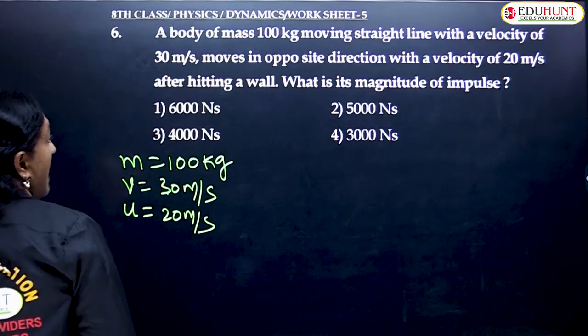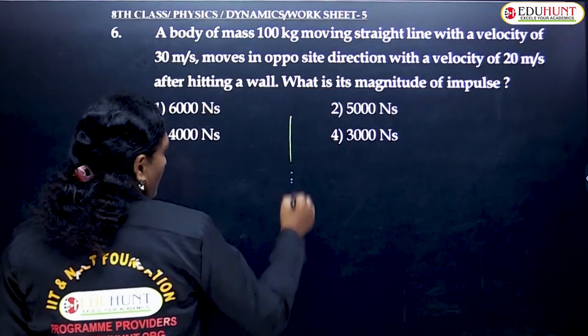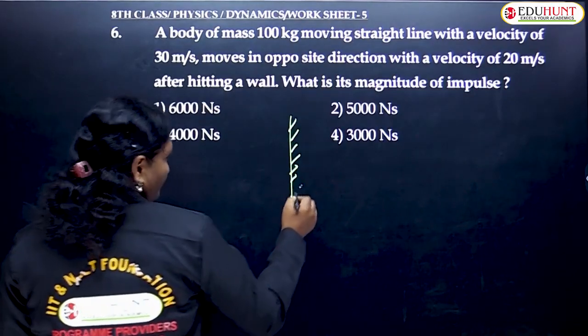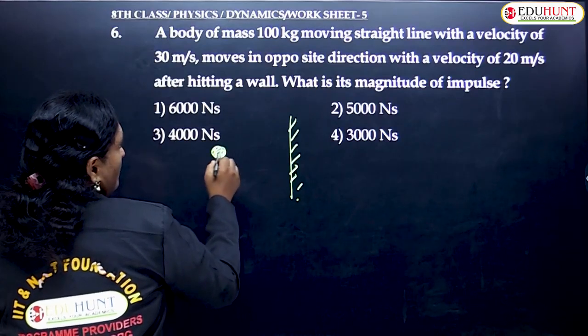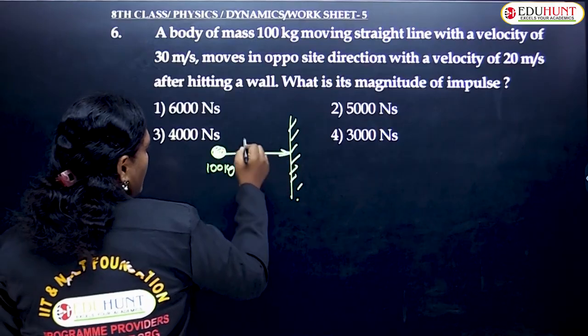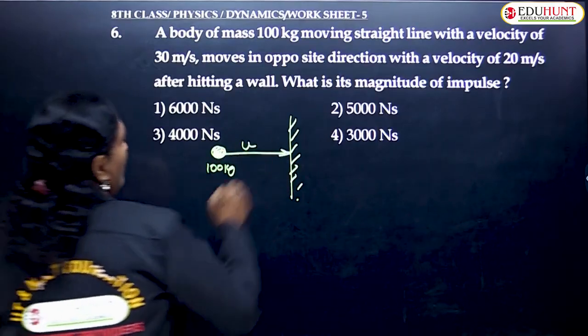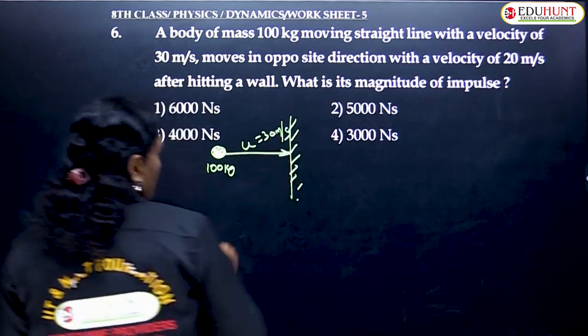Okay, not like this. After hitting a wall. So let me explain it clearly. A wall is there, children. A body of mass is there. This mass is 100 kg. Initially it is moving with some velocity. What velocity is it moving with? 30 meter per second.